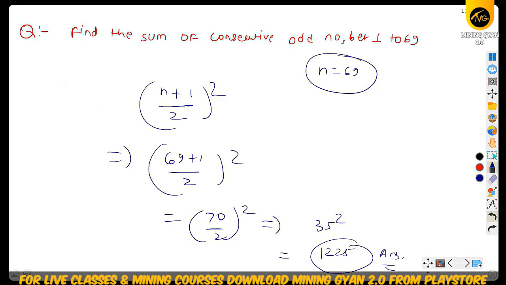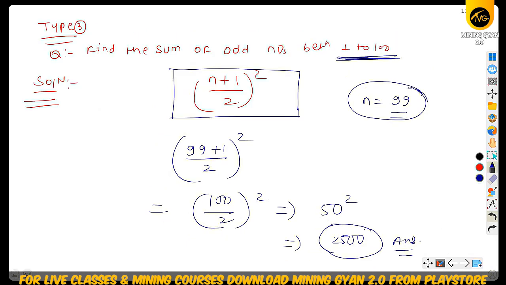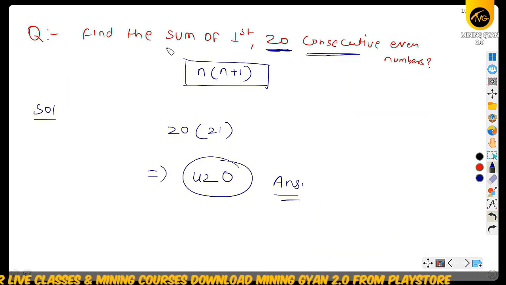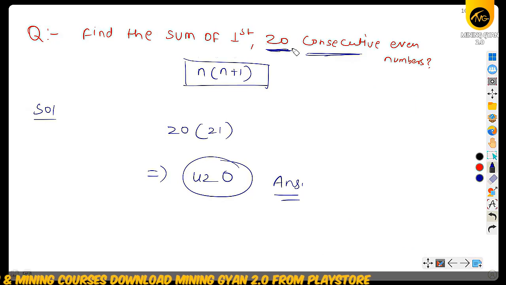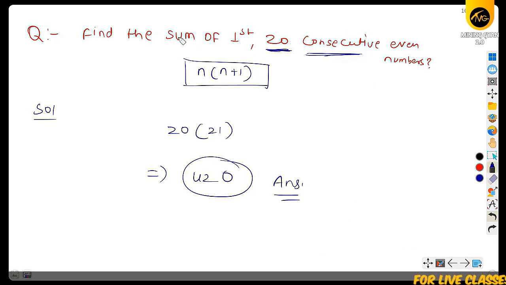Now another one: we have already done a question like this, which is find the sum of first 20 consecutive even numbers. Suppose the question changes to find the sum of first 20 consecutive odd numbers, right?